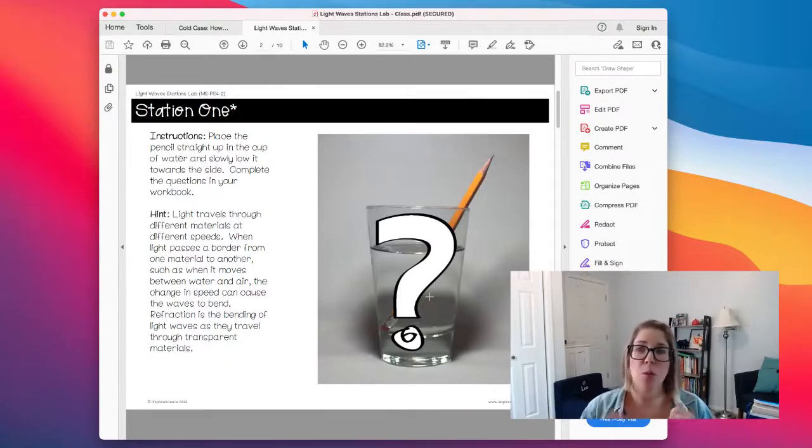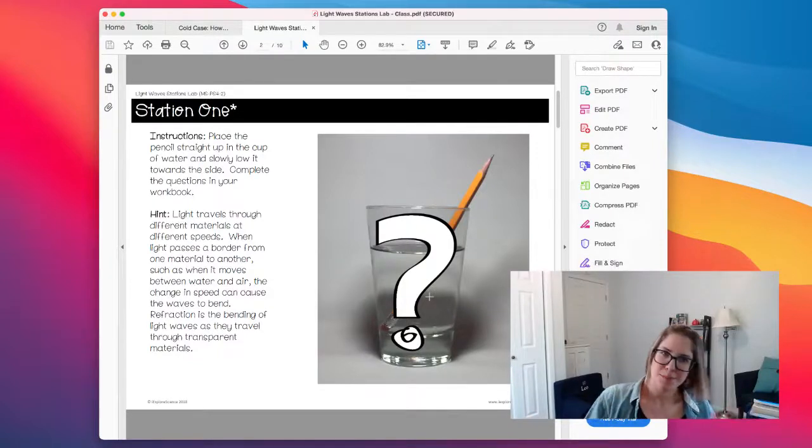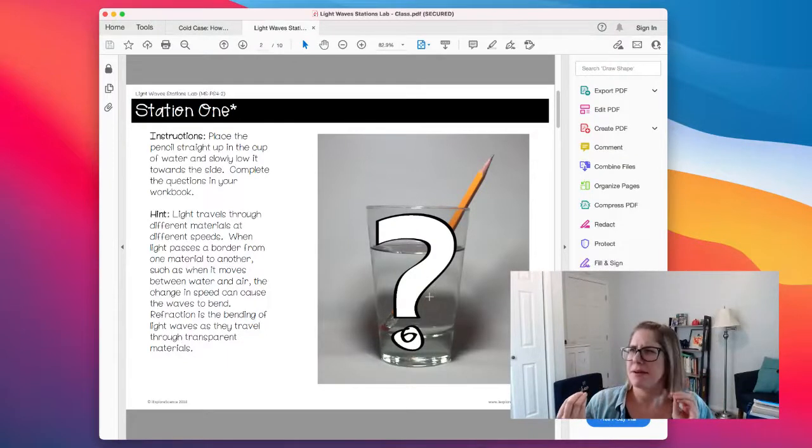Well, we can use why does the moon glow, and even why do we see it in the sky, which ties to the Earth, Sun, Moon system, as the little mini phenomenon to address these light wave standards.